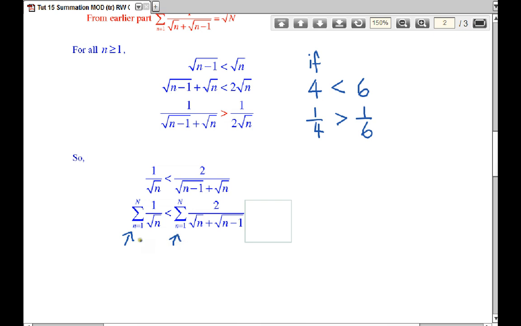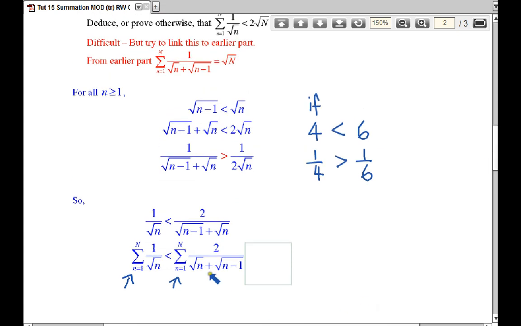I sum from n equals 1 to big N. Now, what is this thing which was found earlier, right? Because this was found earlier. It's just that this is 2 times of this. Therefore, if this is smaller than this and this is 2 root n, I think the result is out. All okay.